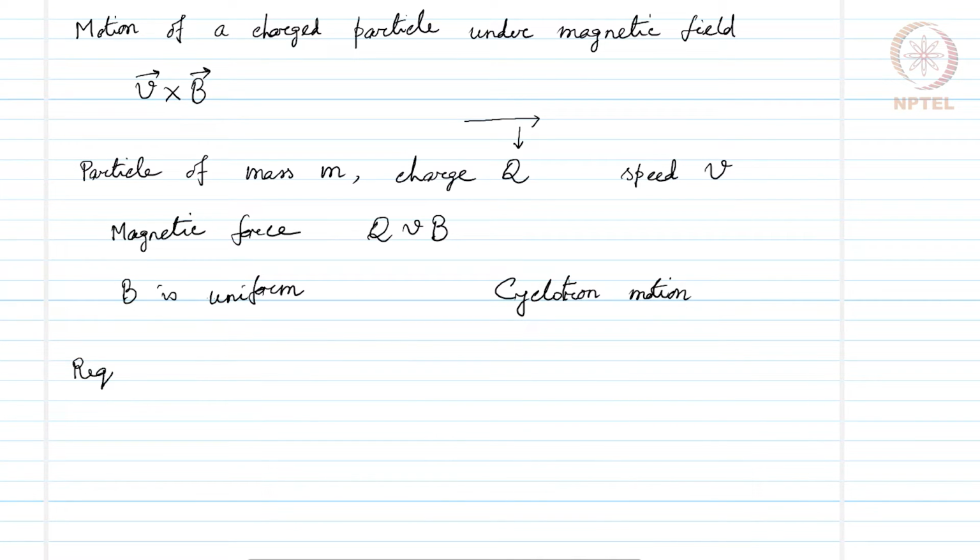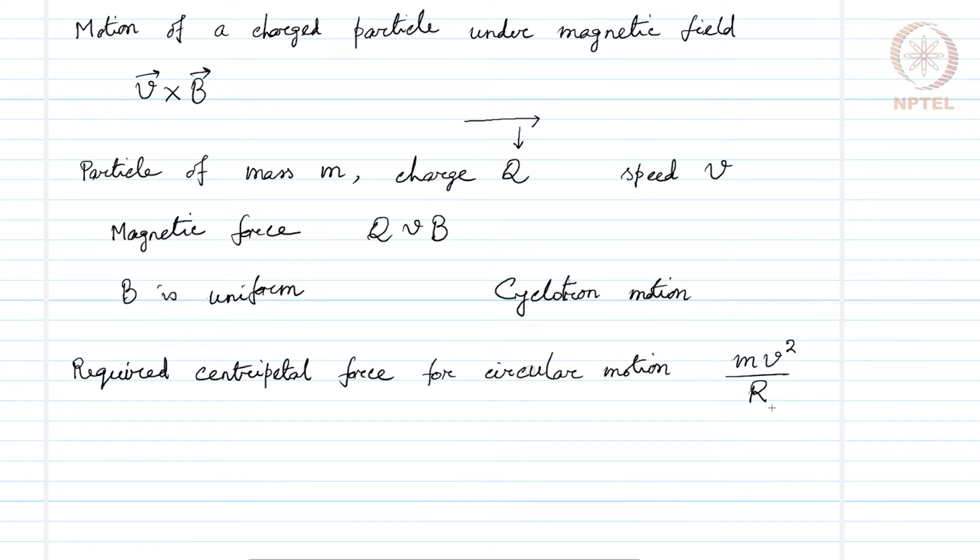So, the required amount of centripetal force for circular motion is m v squared over R, where capital R is the radius of the circle.